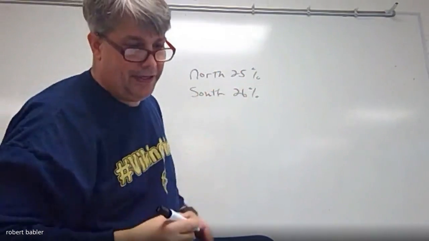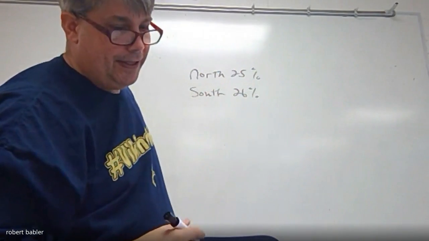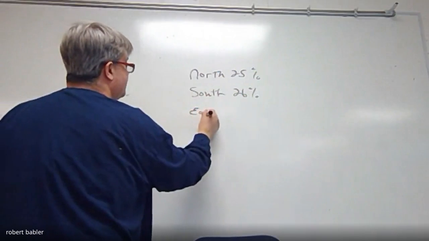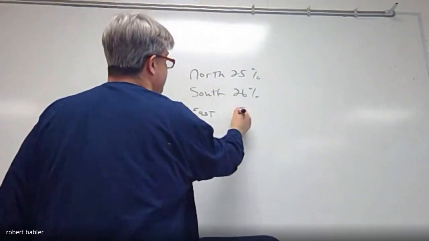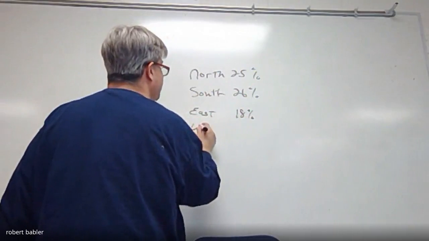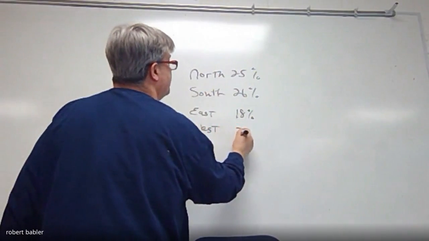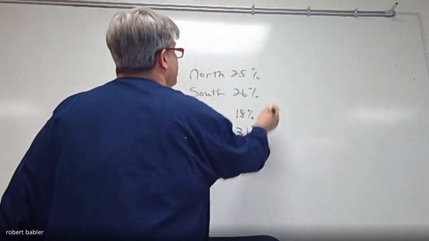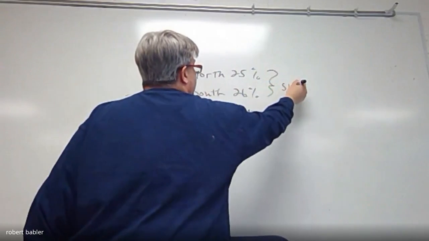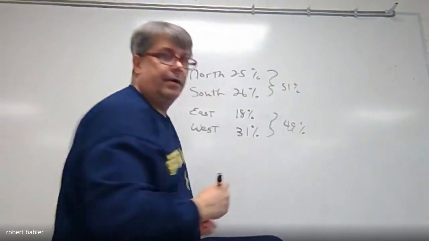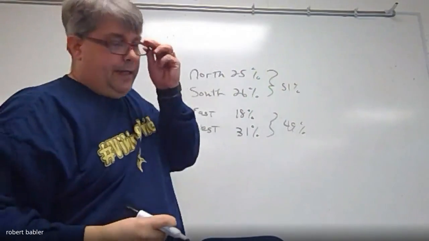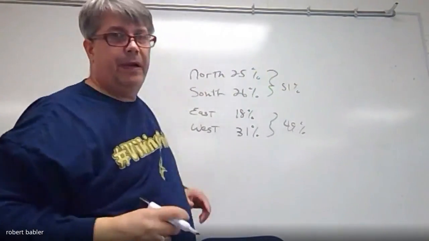My typing said 36, but I think I meant 26. So then you look at the east is 18%, and the west is 31%. So this tallies up to be 51 total percent, and this tallies up to be 49 total percent. Okay, so about split up evenly.